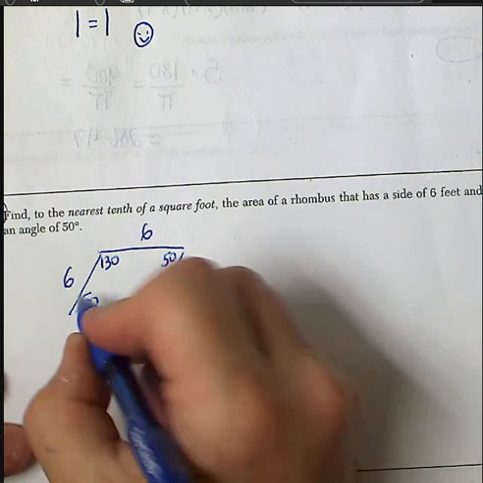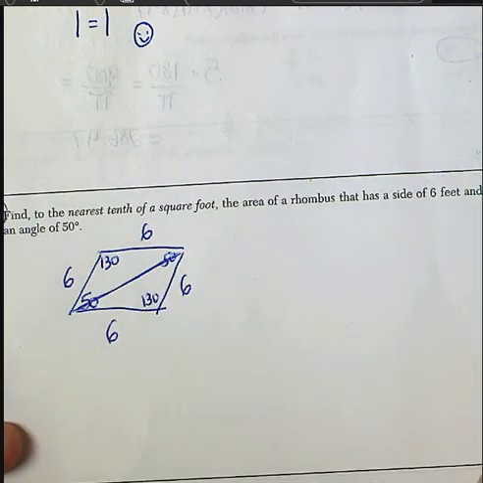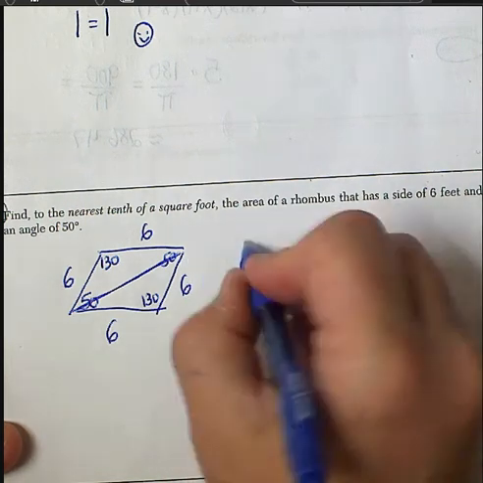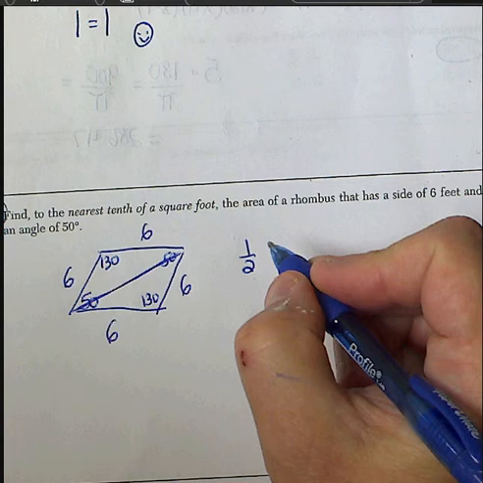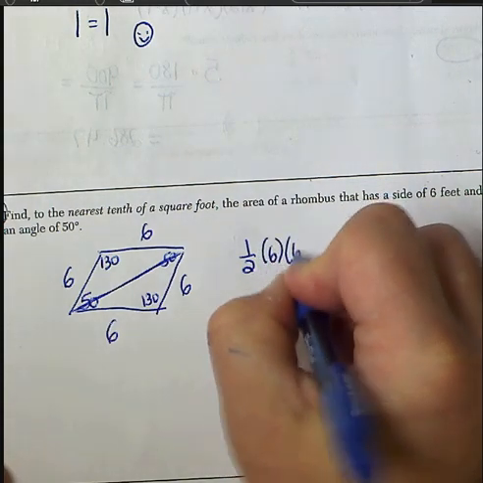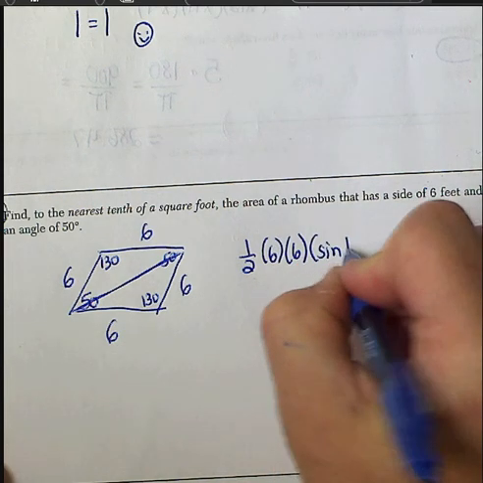The best way to do this is to divide this into a triangle. Okay? If I divide that into a triangle, it's going to be 1/2 times 6 times 6 times the sine of 130.